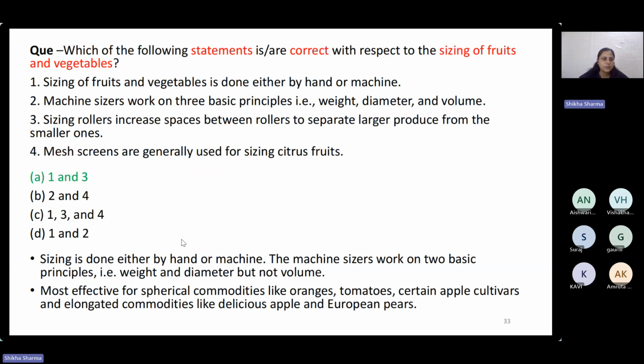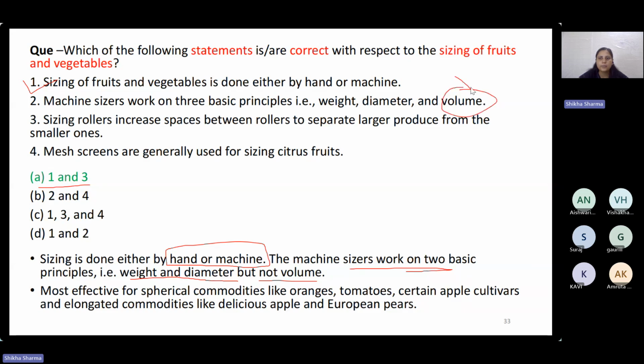Let's discuss this question. Option A is correct about sizing. Sizing is done by hand and by machine, which is correct. Machine sizers work on two basic principles, weight and diameter, but not volume. So this option is incorrect because of volume.